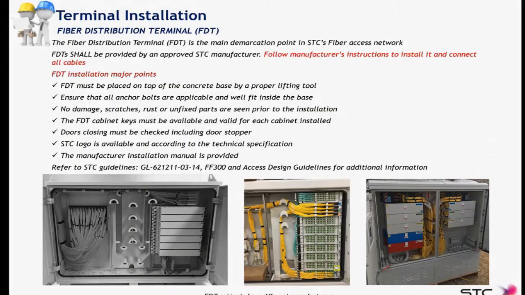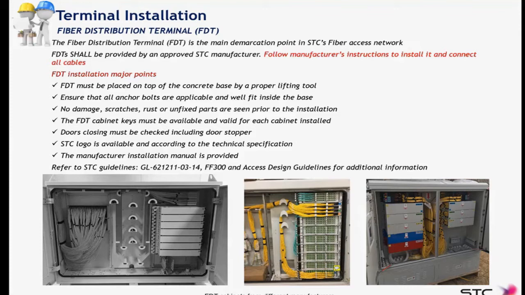The first terminal element that we are going to see is the FDT, which is the most important one in fiber to the home networks, and not only fiber to the home. Since 2014, with the adoption of fundamental planning, we are using the FDT as a fiber hub for all types of services within the FDT coverage area.